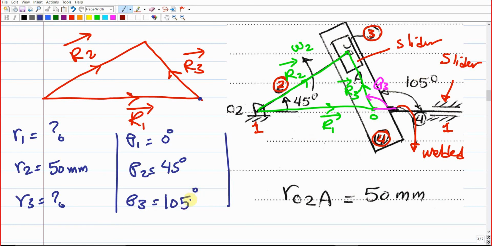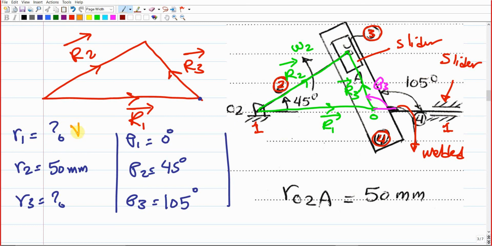Make sense? So simply, you're just going to set up the loop and investigate the magnitudes of these position vectors in addition to the angles as usual. Then what is next? Your objective is just to define which one is constant and which one is variable. So if I ask you about R1, is it constant or variable?